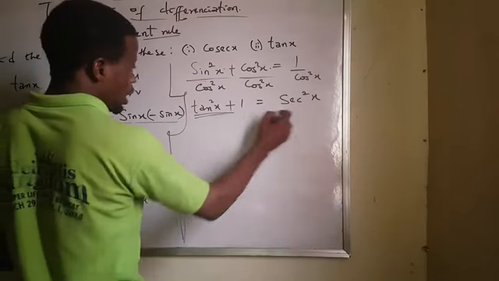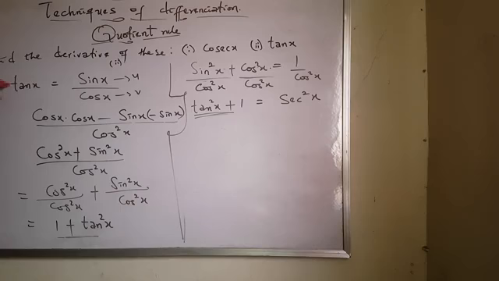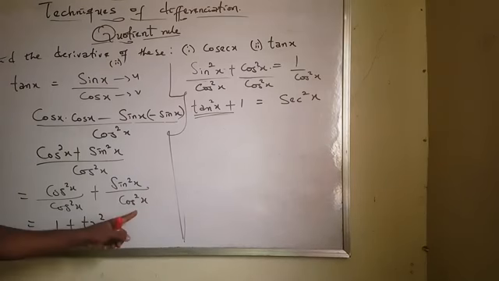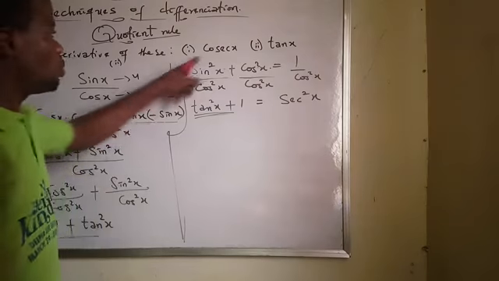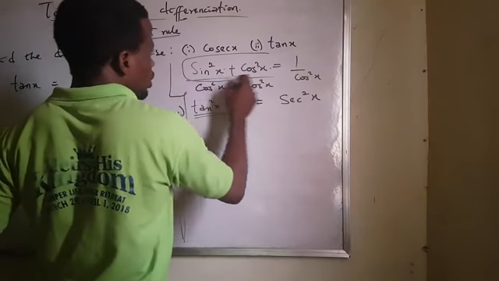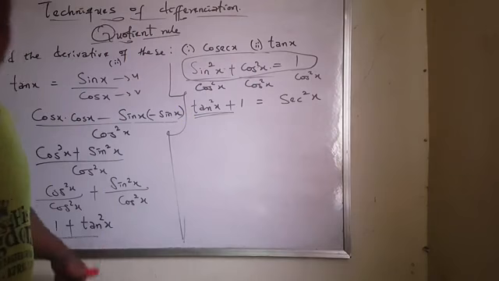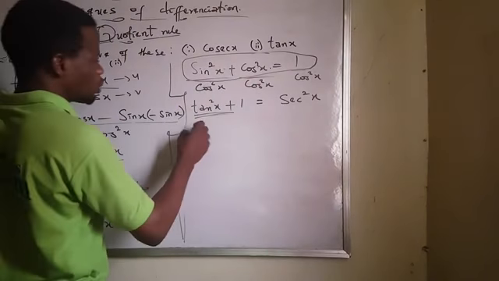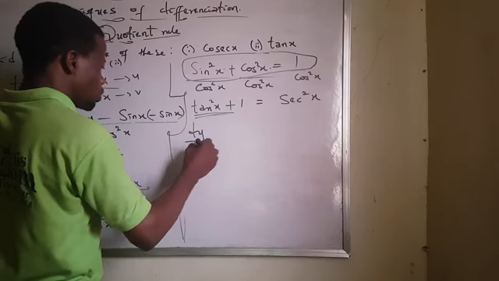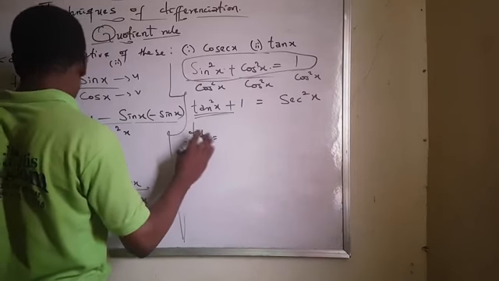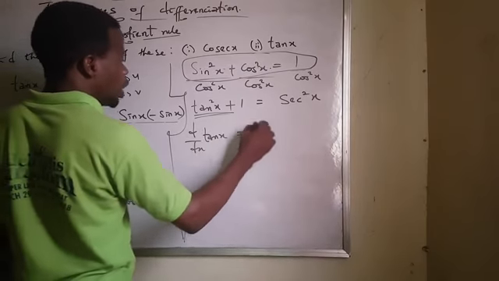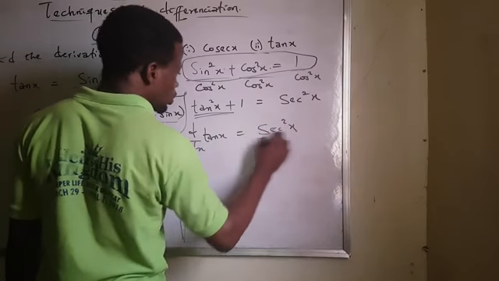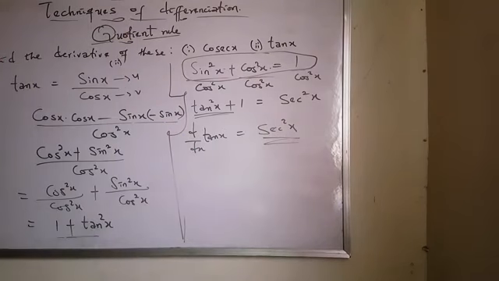If we differentiate tan x, normally we have 1 plus tan square x, but 1 plus tan square x is a trig identity that is equal to sec square x. If you don't know this, you can't get this answer. So d/dx of tan x is equal to sec square x. We are good to go.